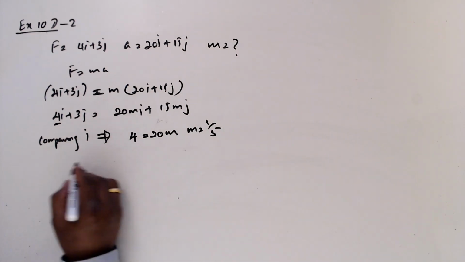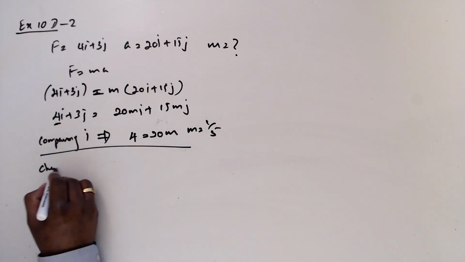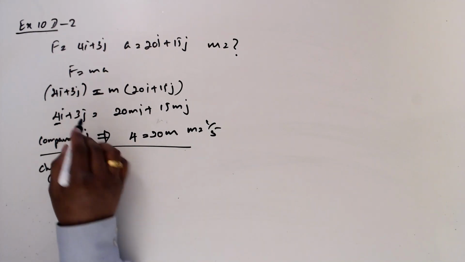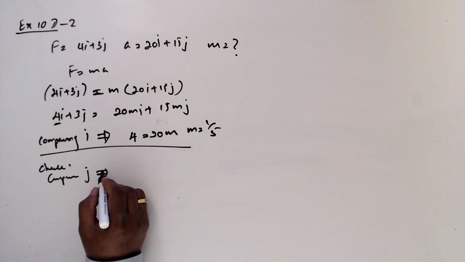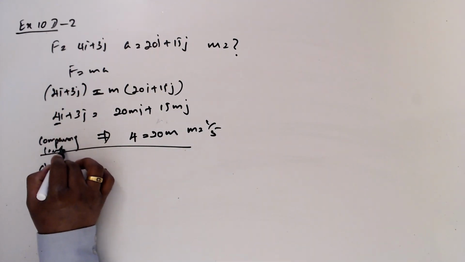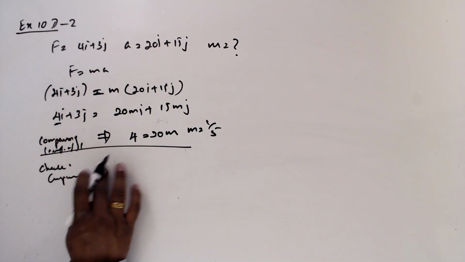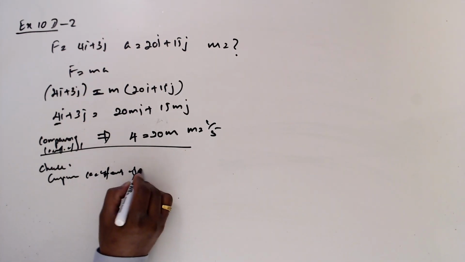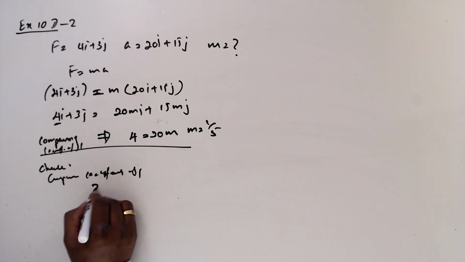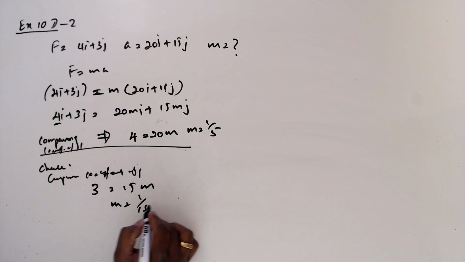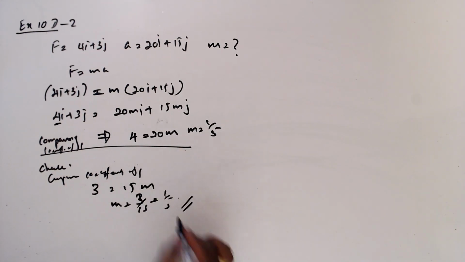You can check this one, the answer is right. Comparing the j components, comparing the coefficient of j, this is going to be 3 equals 15m, m equals 3 over 15, which is 1 over 5.